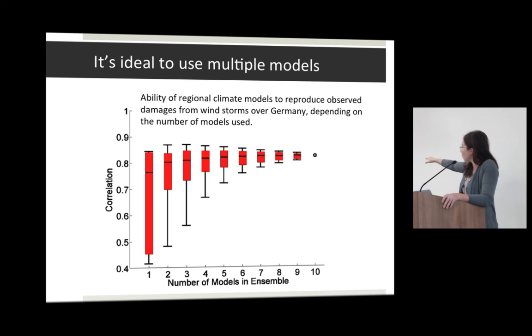The more regional models they used, the more likely it was that their average would be correlated with the real world. Now, I know this is challenging because we don't often use multiple regional models. We usually just use one. But the good news here is it showed even using 2 made a big difference. And again, the more of these you use, the closer and closer you kind of converge on reality.